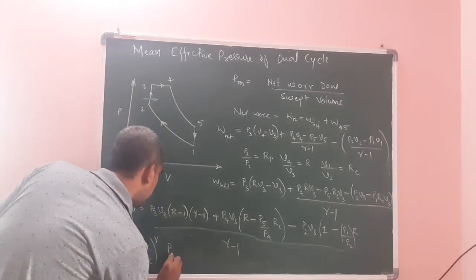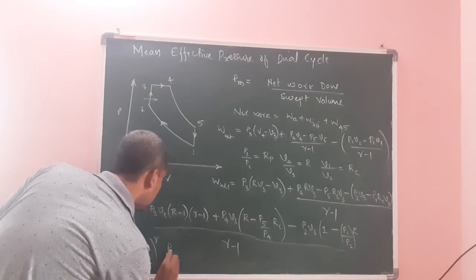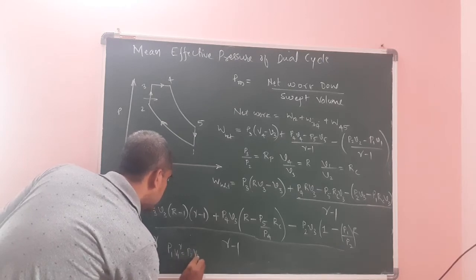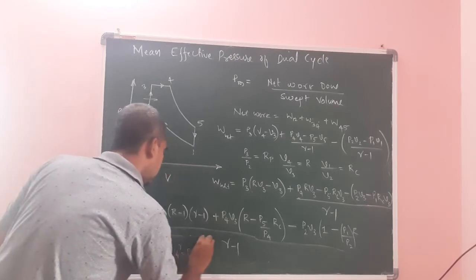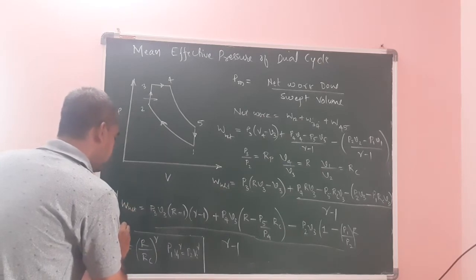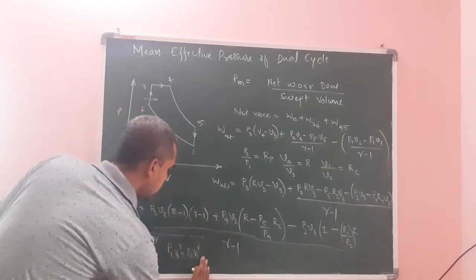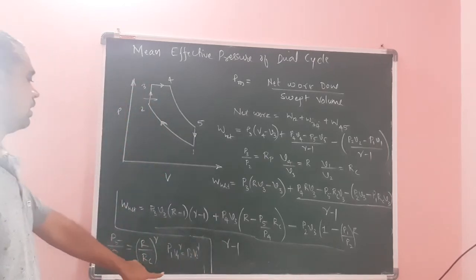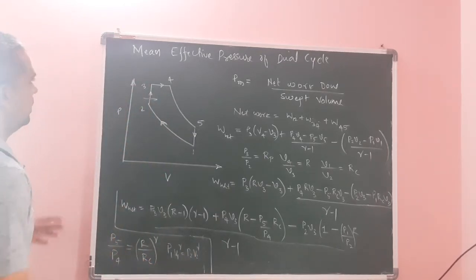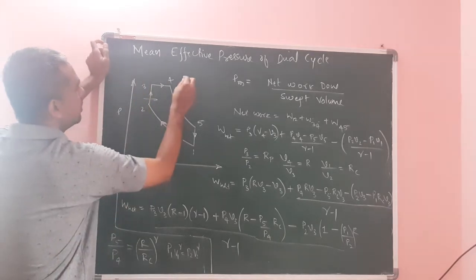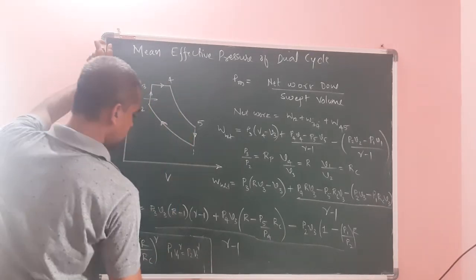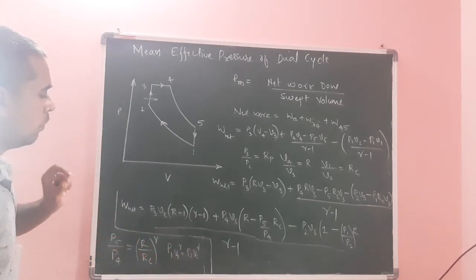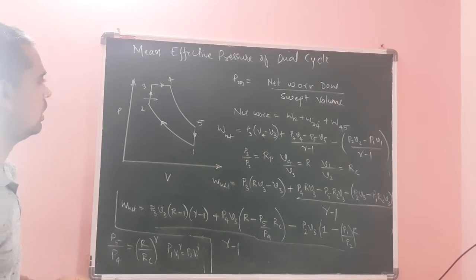And what is P2 by P1? We know P1 raised to gamma equal to P2 raised to gamma. This is one expression, and there is no space, so I am writing here. Using this equation, P2 by P1 is equal to P1 by P2 raised to gamma.